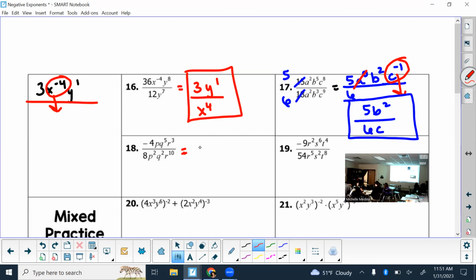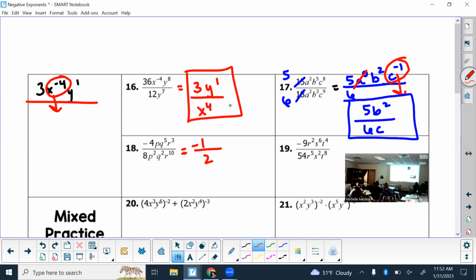Negative 0.5, or what's the equivalent fraction? Negative 1/2. What will be the new exponent on the P? What do you think? Sorry, I can't hear you. One more time.